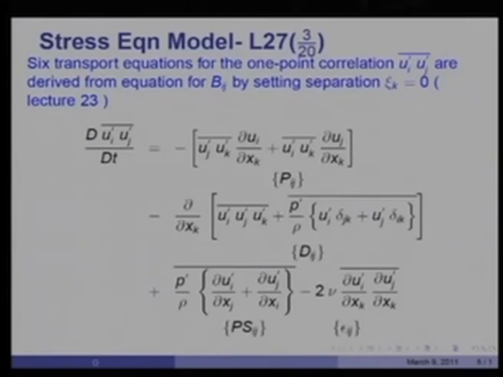We now turn to the stress equation models. So, the 6 transport equations for the one point correlation ui prime uj prime are derived from the equation for bij, which we had discussed in lecture number 23, in which the gradients with respect to separation distance xi k are set to 0, because we are now looking for one point correlation, and only differentials with respect to x k would survive.